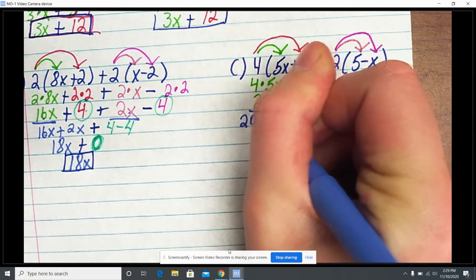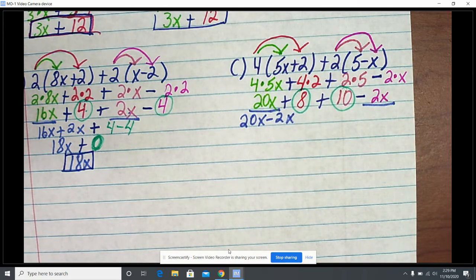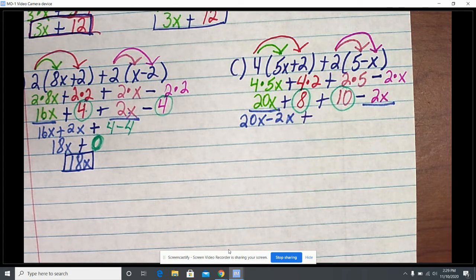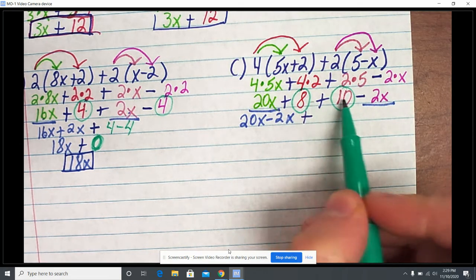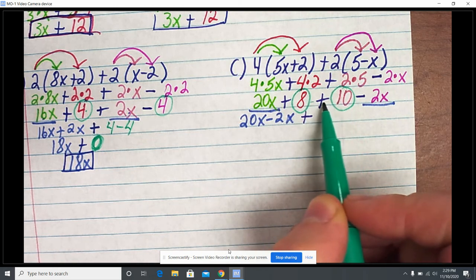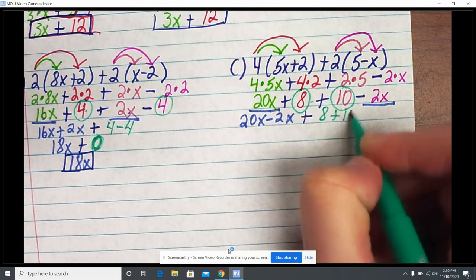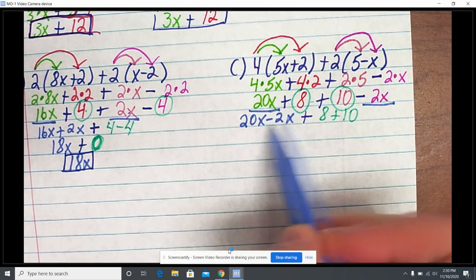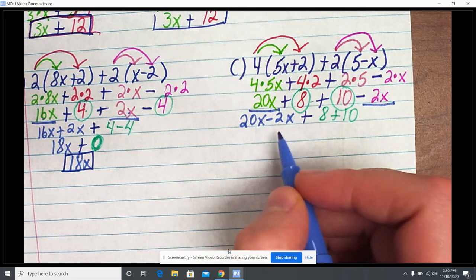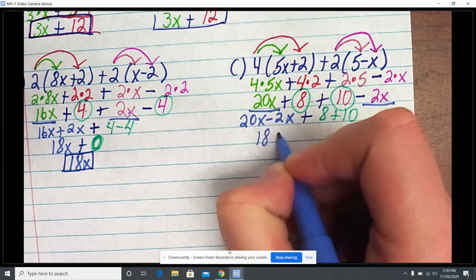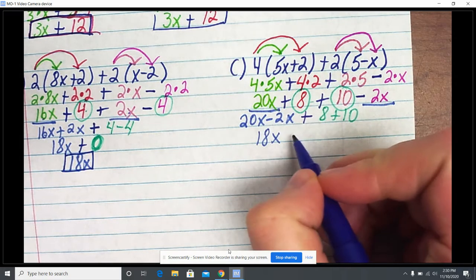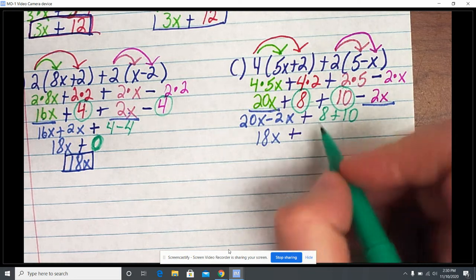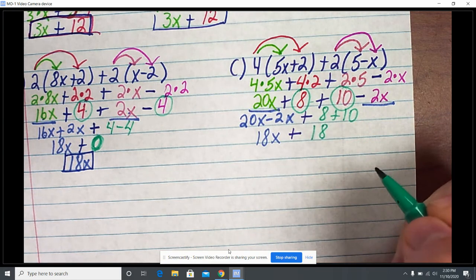So that means I'm taking 20x minus 2x plus, and then looking at my two circle terms, my second one, there's a plus sign, so I'm taking 8 plus 10. Alright, now I'm going to work these out. Go ahead and combine those. So 20x minus 2x gives me 18x plus, and then I've got 8 plus 10, which is 18.